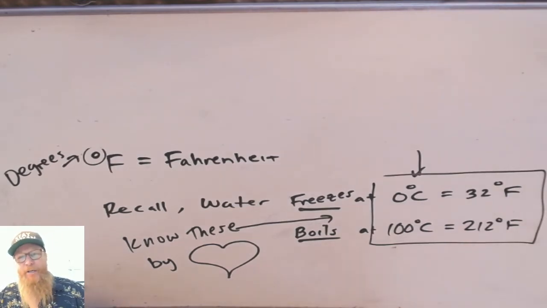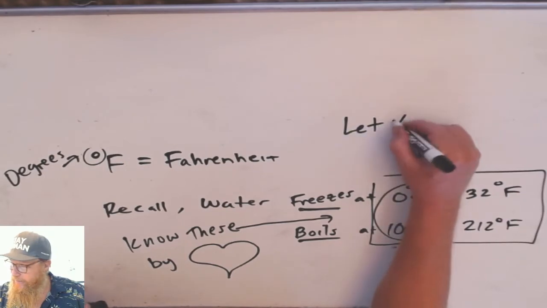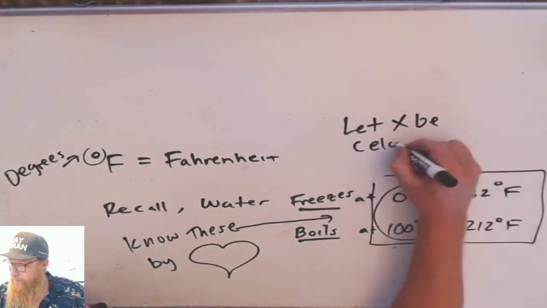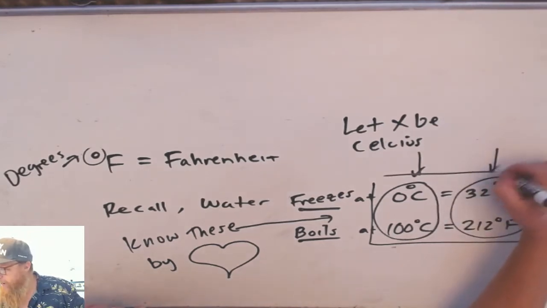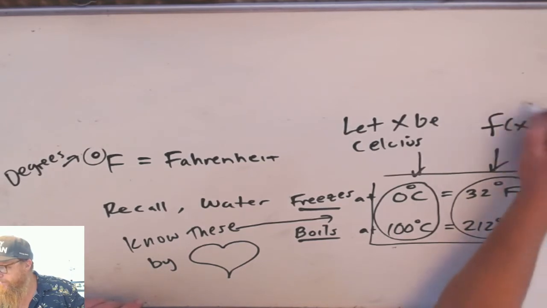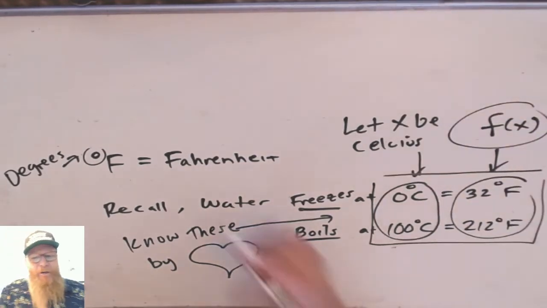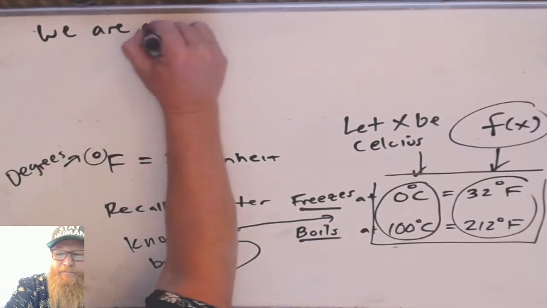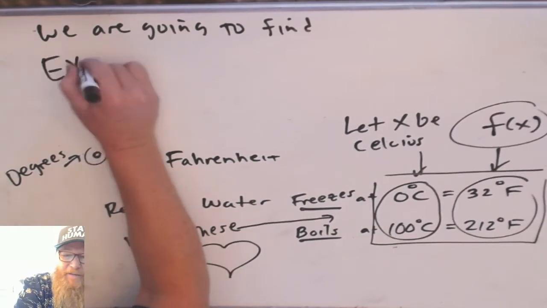And so what we're going to do is we're going to let Celsius be x. Okay. And then we're going to let Fahrenheit be f of x. So we're going to write example 7.